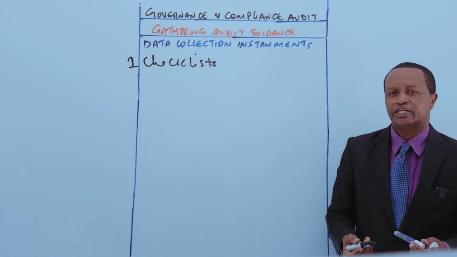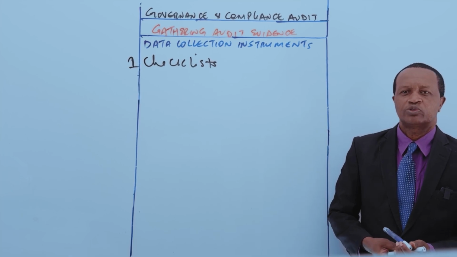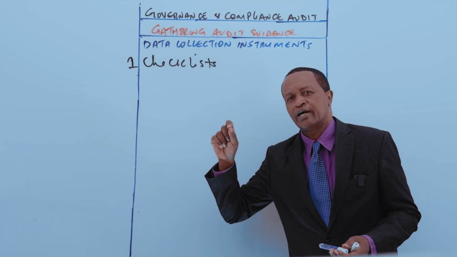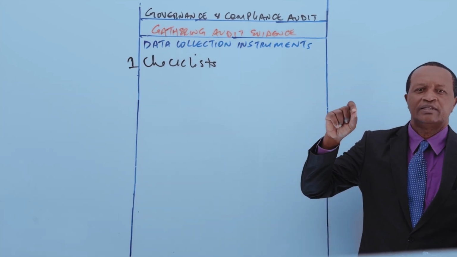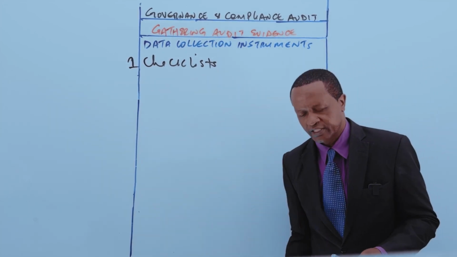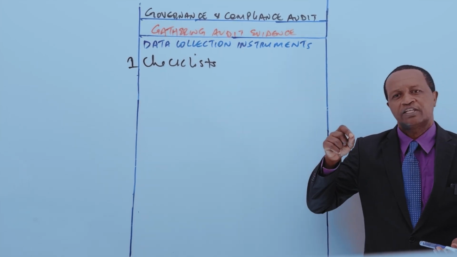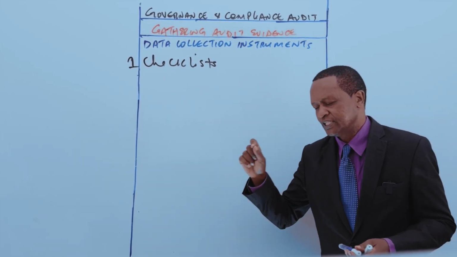For example, a checklist might be used to confirm that all required documents were included in a financial filing, or that a specific security control has been implemented.